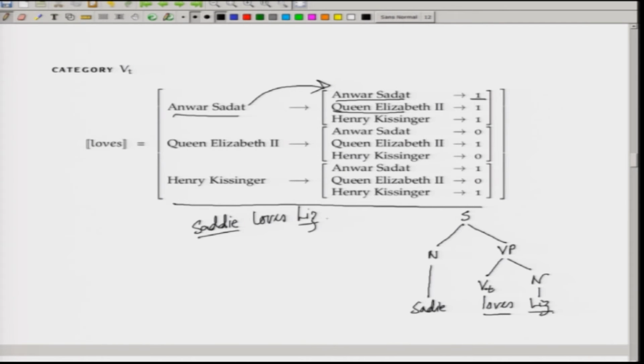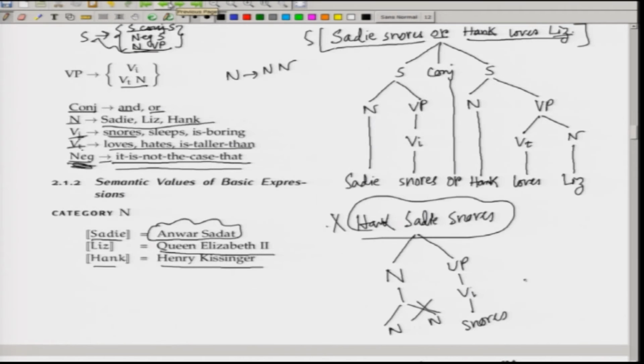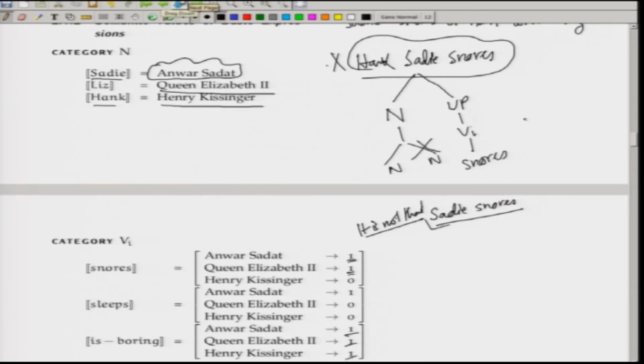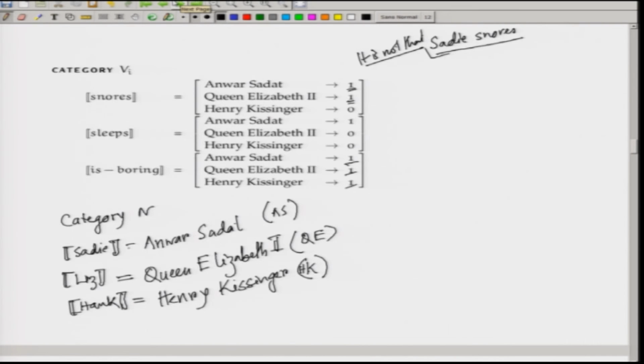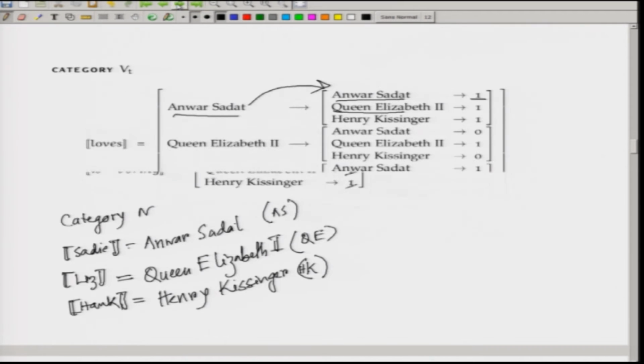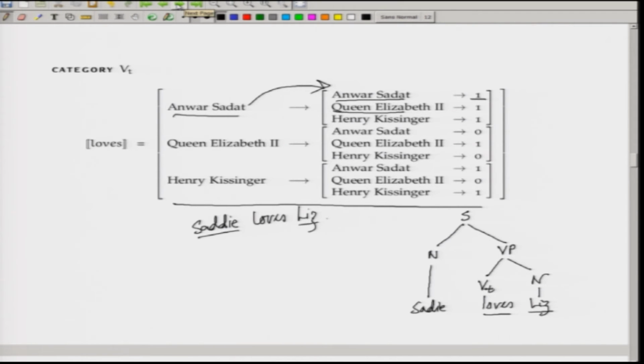And just a second, let us look back the rule and stuff. So, VP goes to VT N, fine. Once again we see that VP can either take this route, that is VP goes to VI directly, or it can take this route, that is VP goes to VT and N. So, this is how the sentence has been constructed.